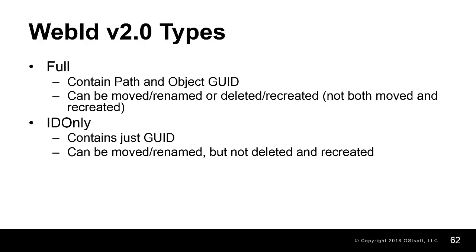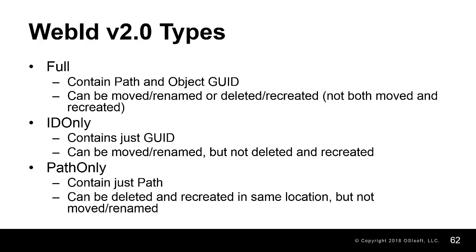However, ID-only web IDs will no longer be valid if the item is deleted and recreated. Path-only web IDs encode the path into the web ID and will always refer to the same location in the AF hierarchy and are not resilient to renaming or moving, but will refer to the same object if it is deleted and recreated with the exact same name in the exact same location.